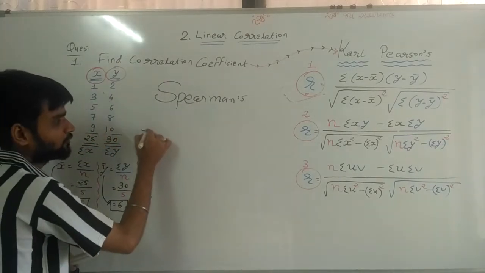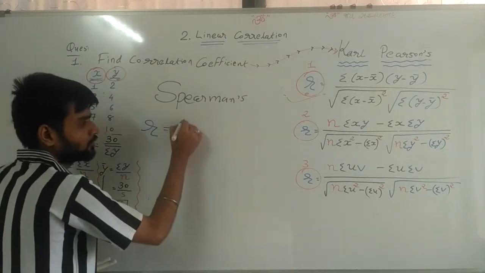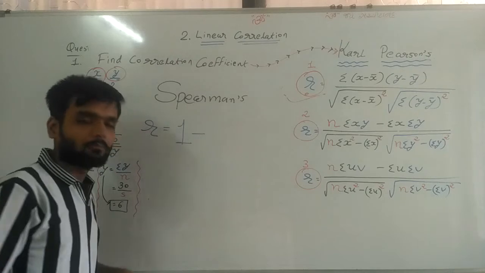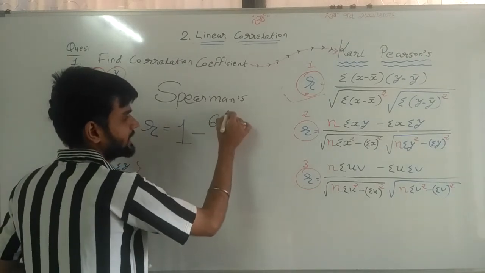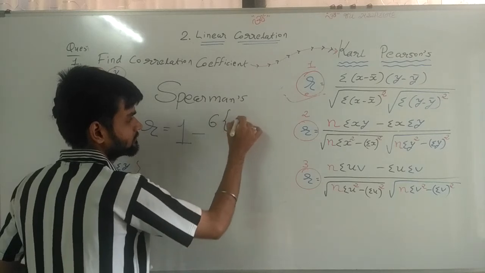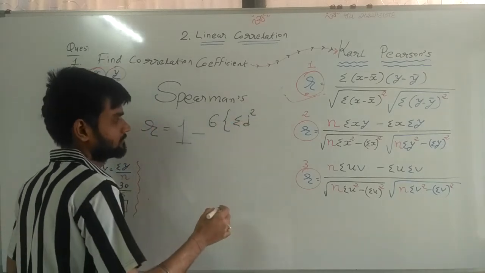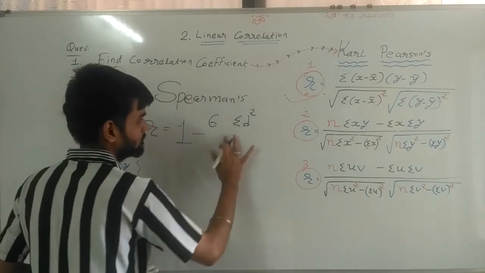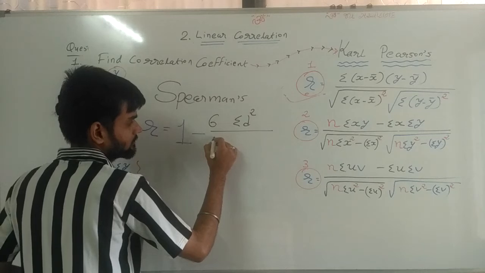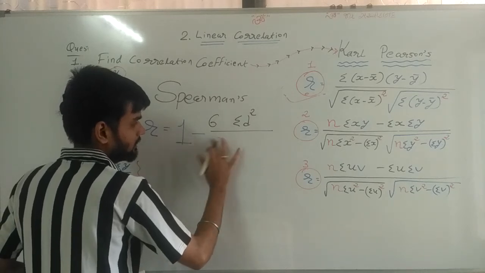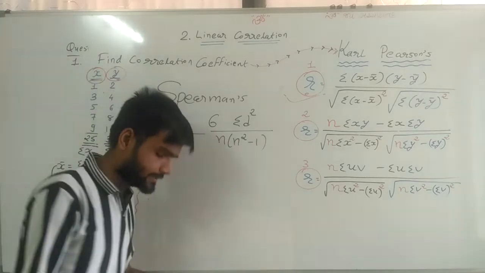The formula to find correlation coefficient R is equal to 1 minus 6 sigma d square upon n square minus 1.